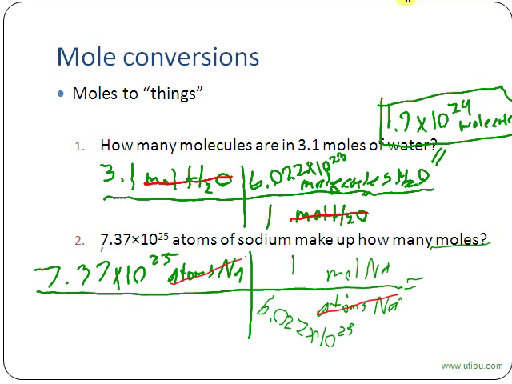This has 1, 2, 3 significant figures, and so our final answer is going to be 122 moles of sodium. So 122 moles sodium tells us exactly how many moles there are in 7.37 times 10 to the 25th atoms. So that's how you'd work out any types of conversions from moles to things, moles to some sort of object like an atom or something like that.